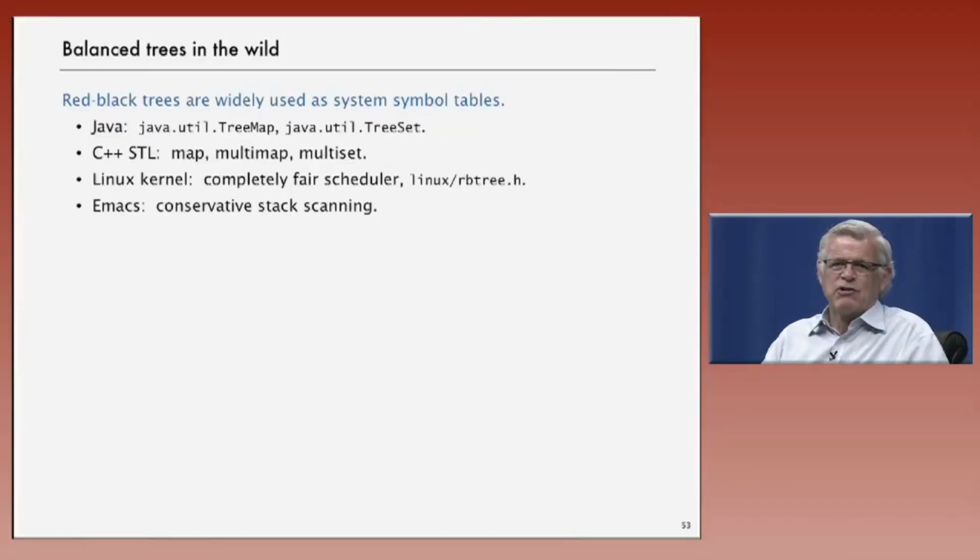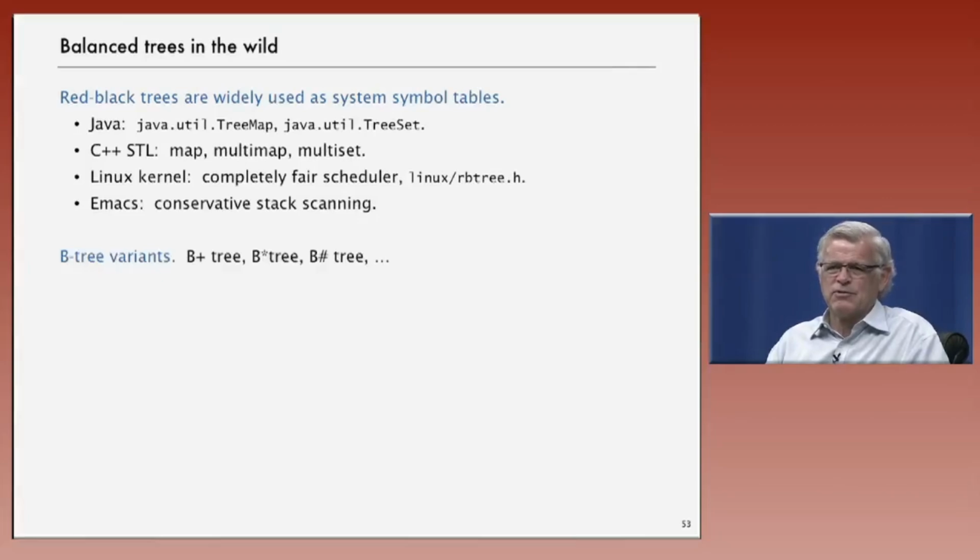So as I've mentioned, red-black trees and B trees are widely used as system symbol tables. The Java implementation of TreeMap and TreeSet is red-black trees. The C++ standard template library uses red-black trees. And it's also used in the Linux kernel and in many other systems.